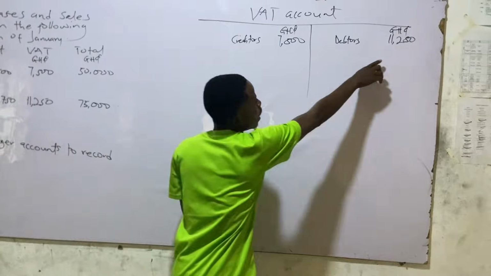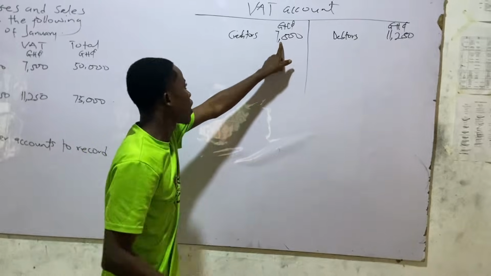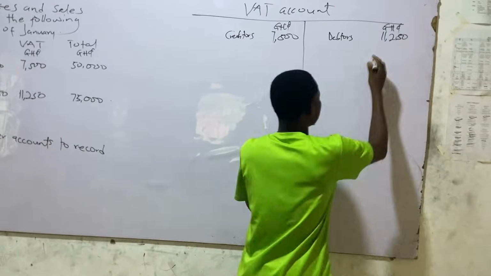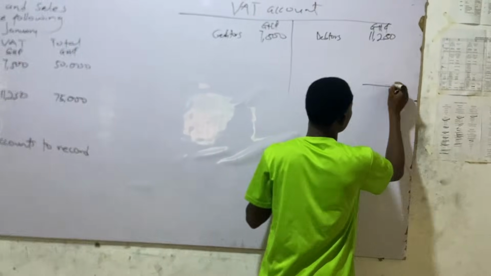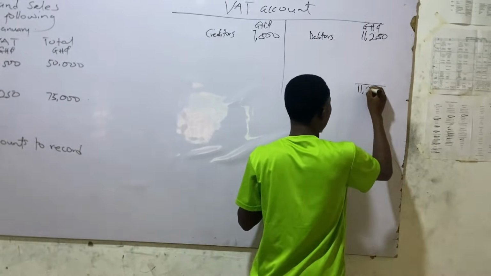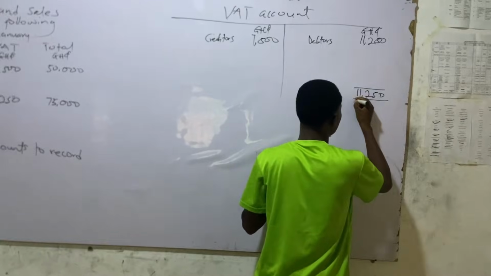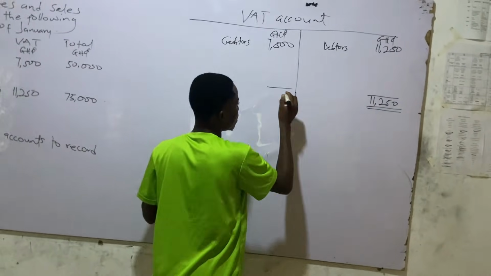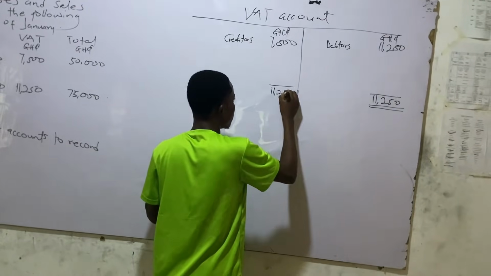So since 11,250 is greater than 7,500, this will now be our total for both sides. So we have 11,250, and at the same time we have 11,250 here.